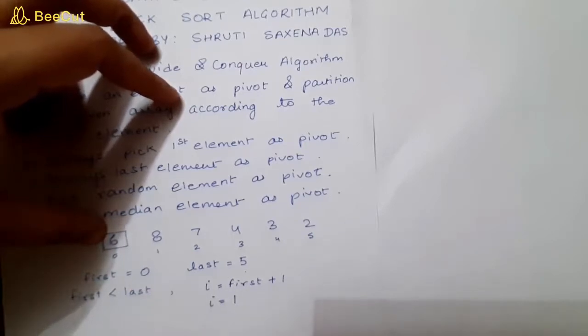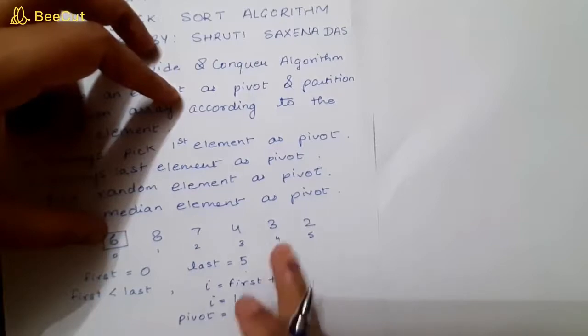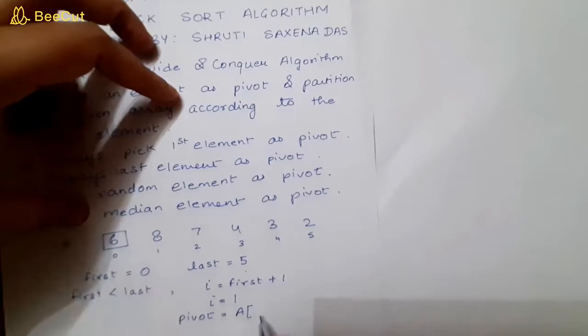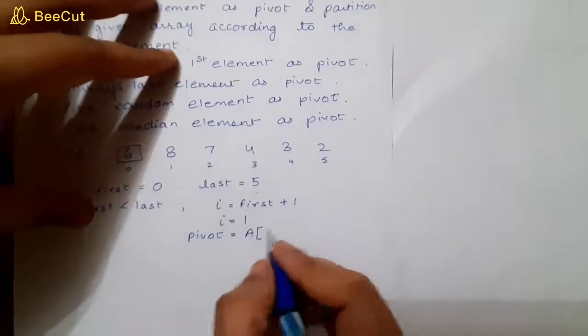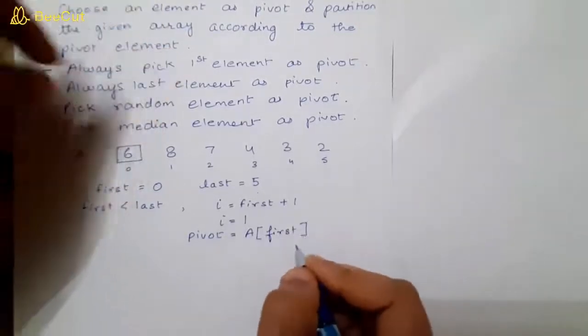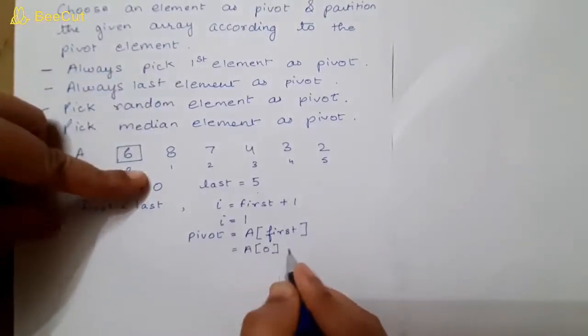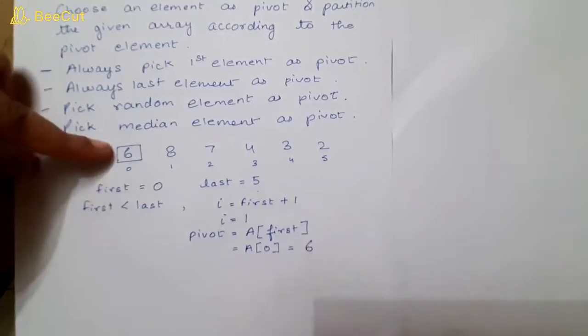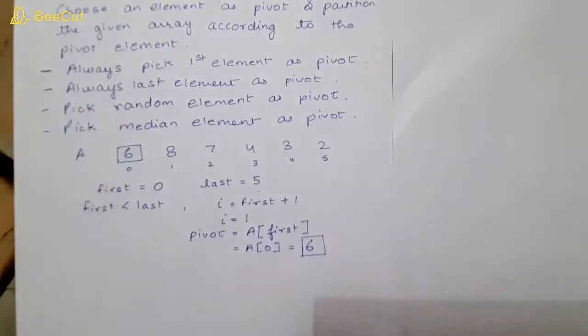And I'll take j, which I'll initialize later. I'll take a pivot element, and suppose the array name is A, so pivot is equal to A of first. First we have taken as 0, so A of 0 is the pivot element. What is A of 0? 6. So 6 is our pivot element.